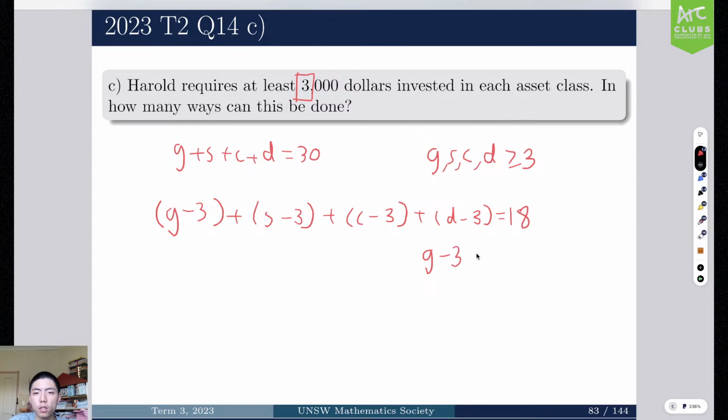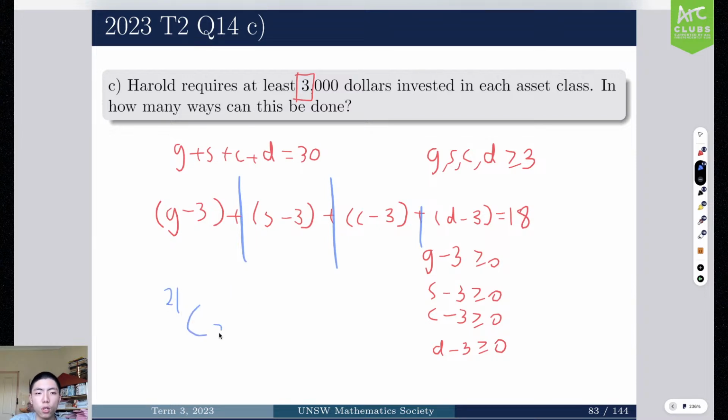Everything has to be larger than or equal to 0 now, because we've just given 3,000 to each asset class. So this is just like the stars and bars question we did before. This one is going to be 18 plus 3 equals 21, choose the 3 particular spots that we want to put the dividers in. So it becomes 21 choose 3.